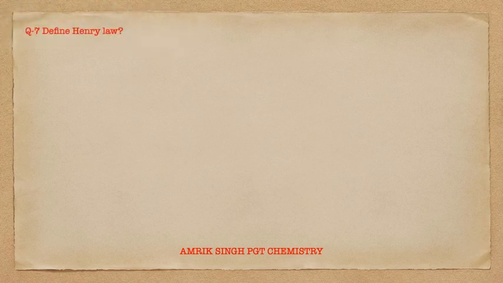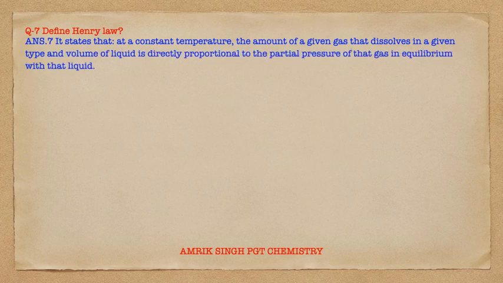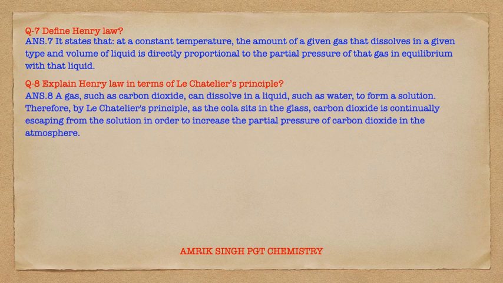Define Henry's law. It states that at a constant temperature, the amount of gas dissolved in a given volume of liquid is directly proportional to the partial pressure of that gas in equilibrium with that liquid. We also understood this in class 11. Explain Henry's law in terms of Le Chatelier's principle.